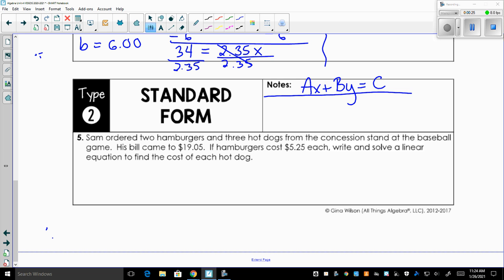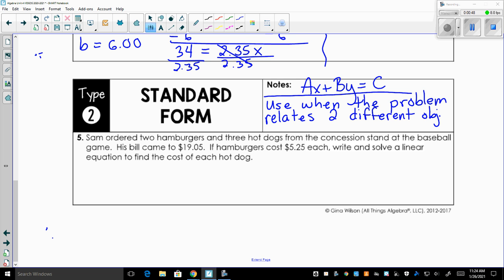So we are going to use this variation when the problem relates two different objects. So for example, in the first one here, we have hamburgers and hot dogs.